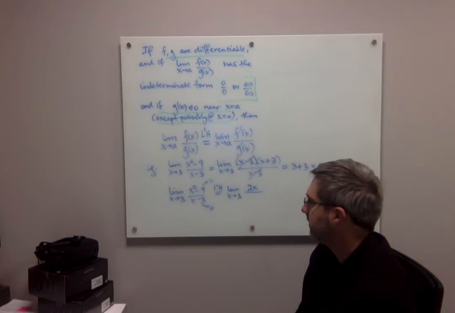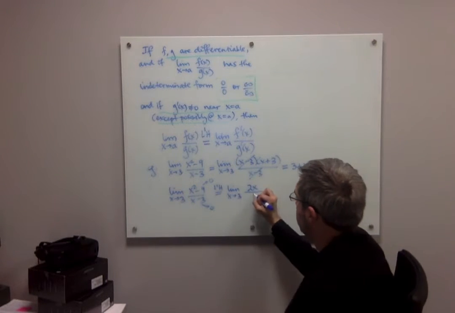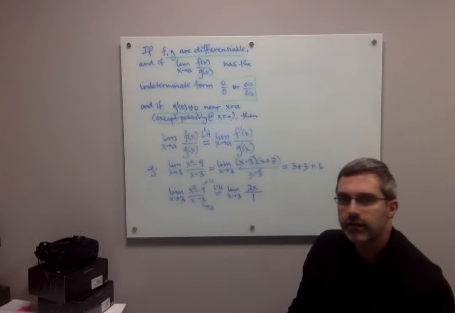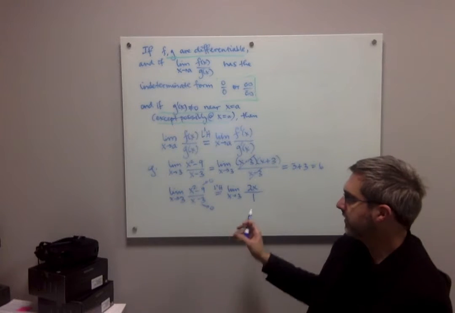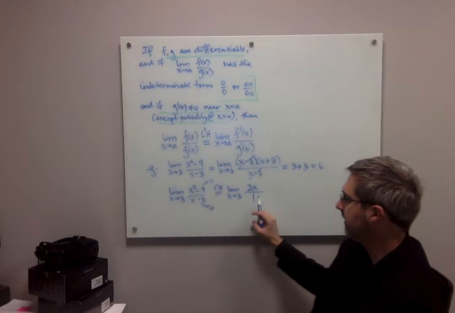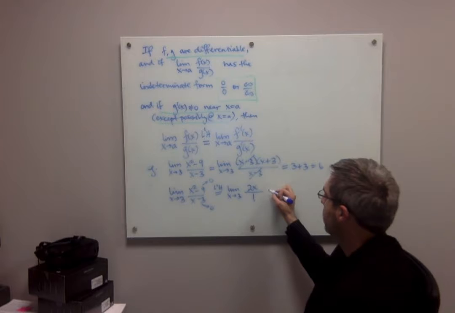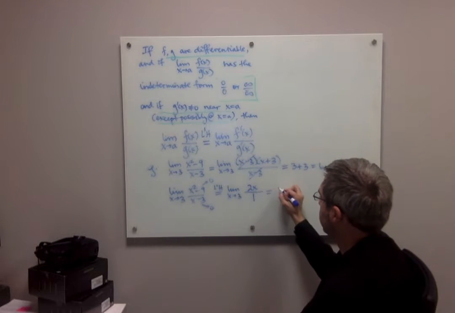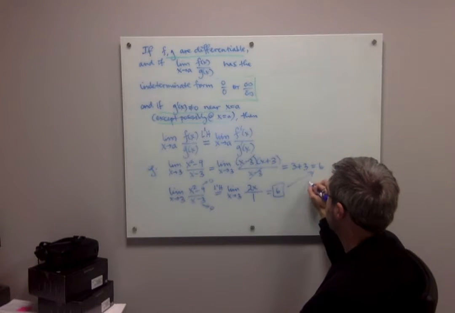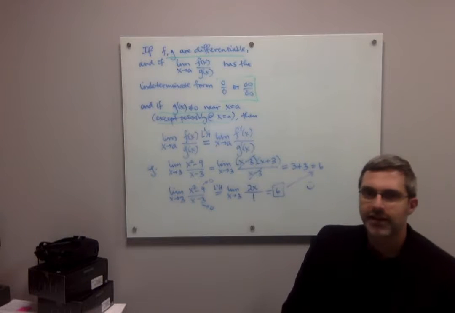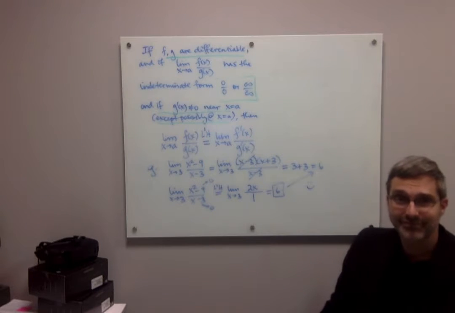So the derivative of the top is just 2x, and the derivative of the bottom is 1. So L'Hopital's rule says instead of taking this limit, let's take this limit instead. Derivative of the top over the derivative of the bottom. And that limit turns out to be 2 times 3 is 6. And it's a whole lot easier.